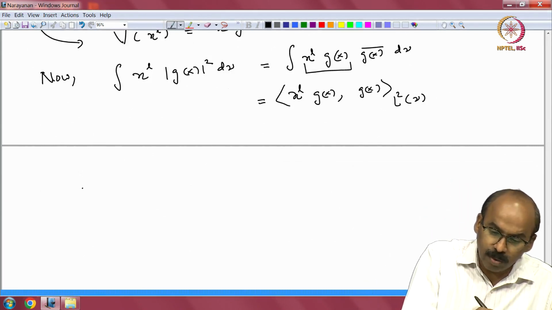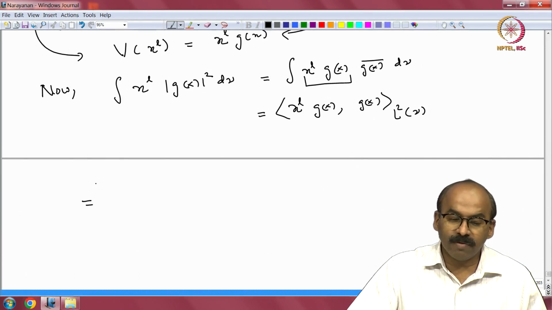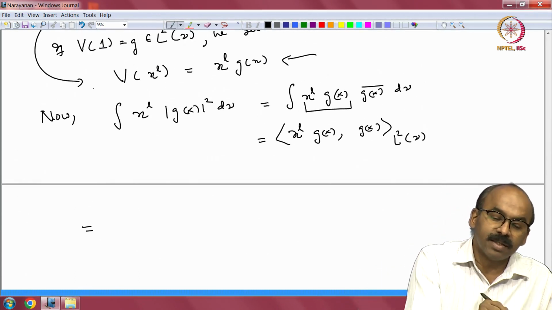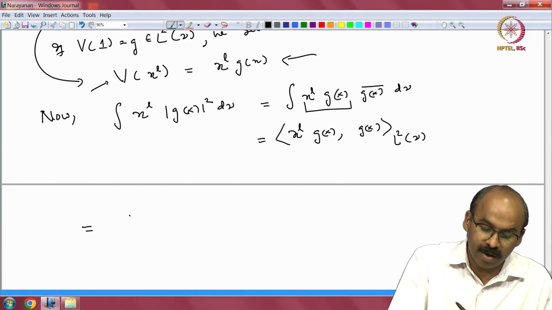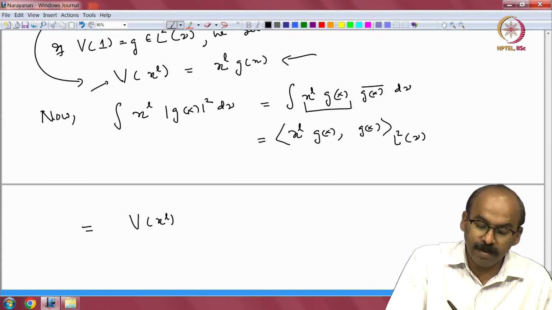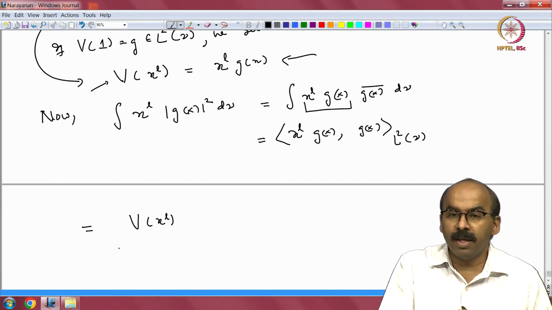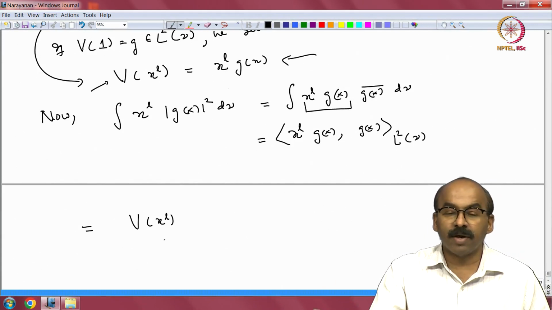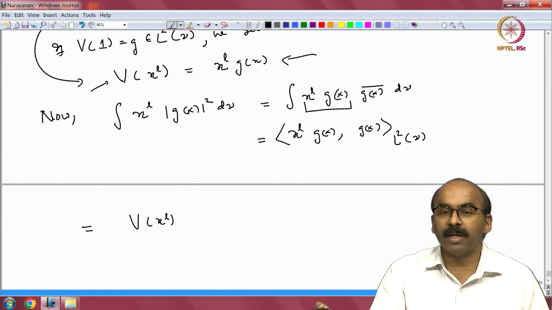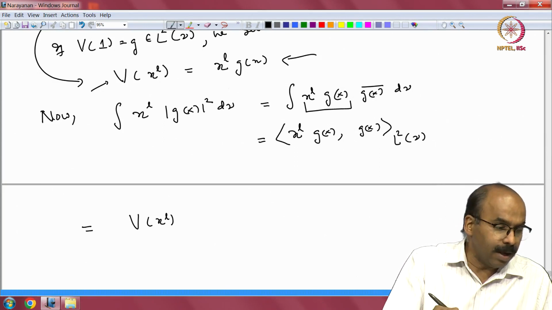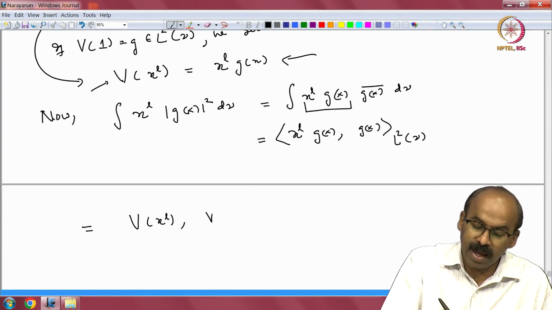This is also equal to, now we use the fact that x to the L g of x is given by V of x to the L. So I have V of x to the L, that means the unitary operator V acting on x to the L, which is a function in L 2 of the second measure nu, and g is just V acting on 1.